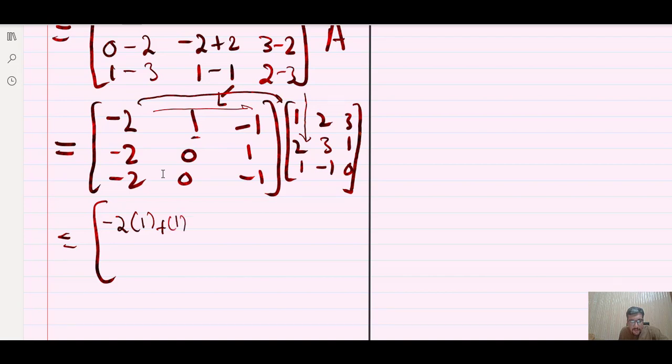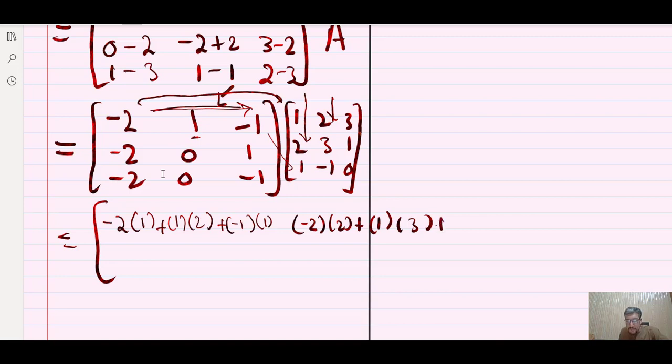Then this minus 1 is going to multiply with this entry, and in the same way you multiply this complete row with this column. So it will be minus 2 into 2, this one multiplied with this one, 1 multiplied by 3, and this minus 1 multiplied with this minus 1.